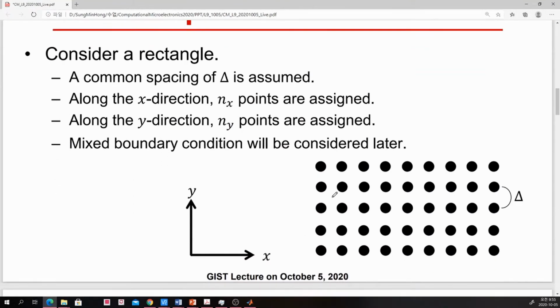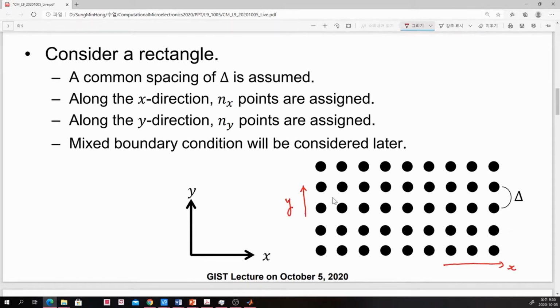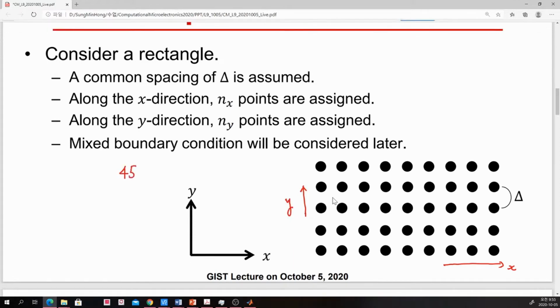In this lecture 9, we will consider a rectangle. Here we have 9 points along the x direction and 5 points in the y direction. So you have just 45 discretized points inside your system, and all of them are spaced with a uniform spacing delta, all over our simulation domain.